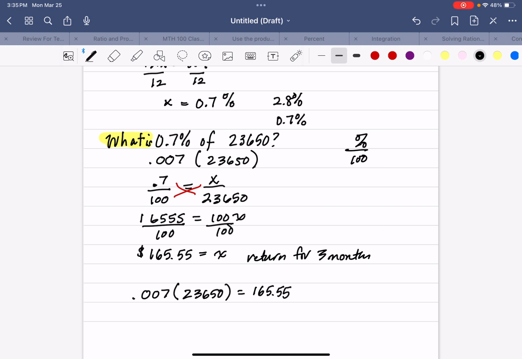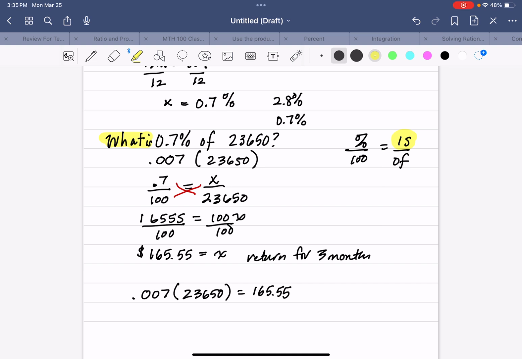But you've got to be extremely careful about overgeneralizing that. Once again, only when the is part, remember we've got percent over 100 equals is over of, is the missing part. It doesn't work when the percent's missing.